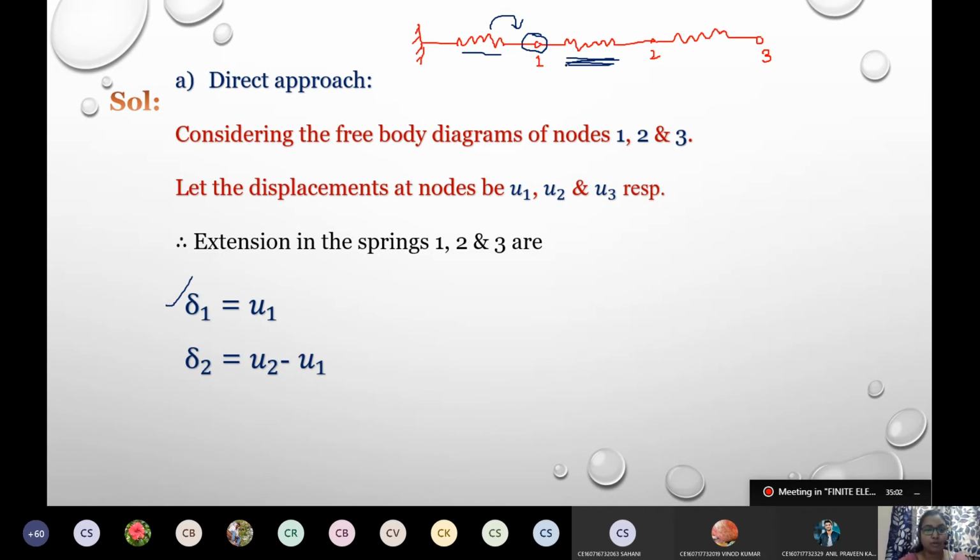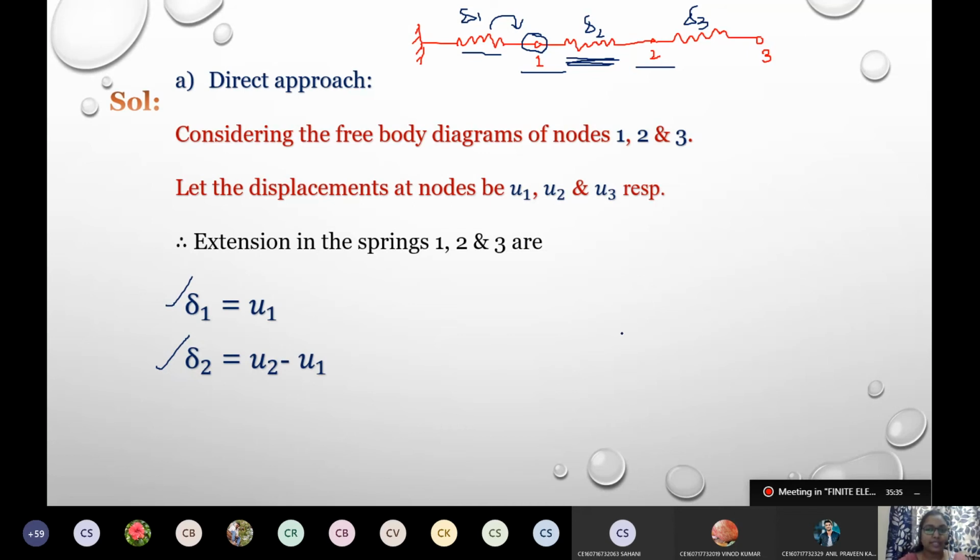So when I need the overall extension of spring 2, I have to consider the displacement at node 1 and node 2 also. All right. So the extension in spring 2, we are taking as delta 2. In the figure, you can mention delta 1 as the extension in spring 1, delta 2 the extension in spring 2, delta 3 the extension in spring 3. All right. So delta 2 will become u2 minus u1.